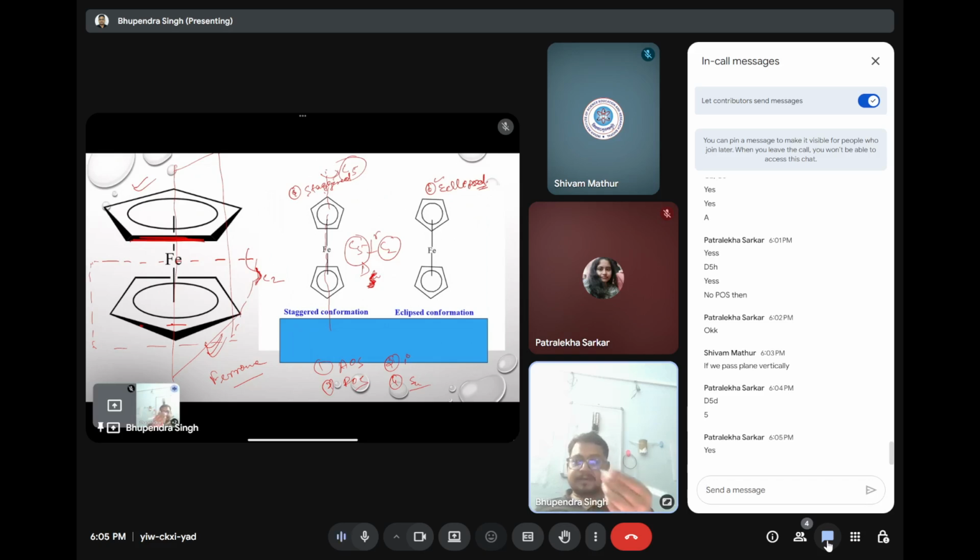Okay, because one plane is present, sigma h is not present, that is why you are saying D5d. Yes, the point group is perfect. Okay, try to find out the point group of the eclipsed form. Then we will discuss how many C2 axes are present.